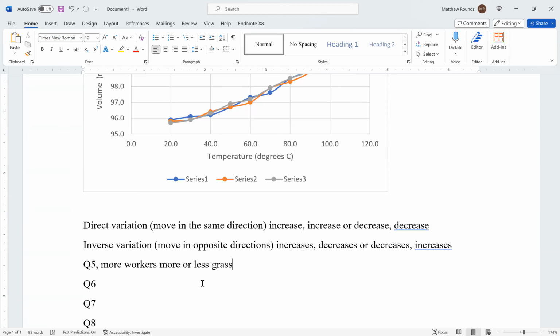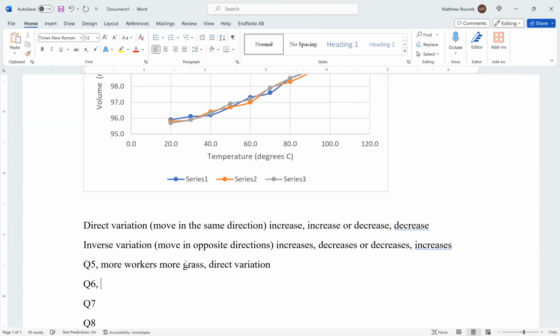You can get more of the street done. Yes. So think of the grass. We're not talking about what each worker does. We're just talking about like there is an infinitely big field. Okay. So for more workers, it would have more grass, because you're getting more done. That's direct variation.